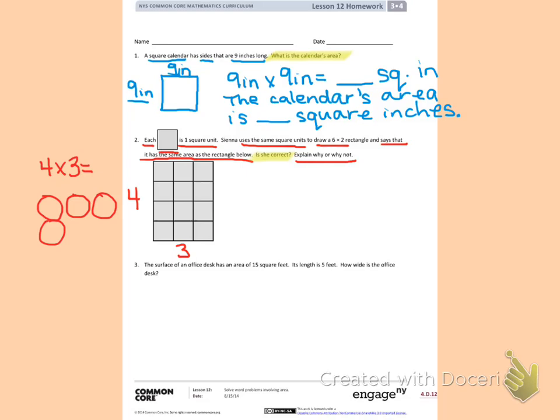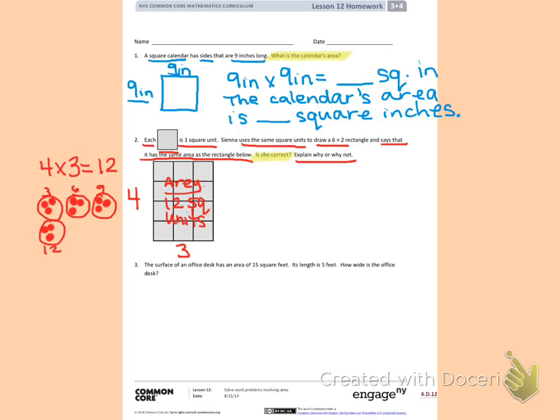And I could put 3 in each item. And that gives me 3, 6, 9, 12. So 4 times 3 is 12. So this one here has an area of 12 square units.